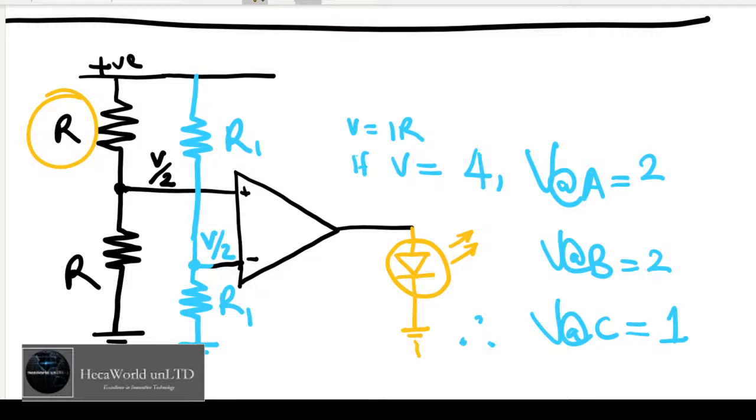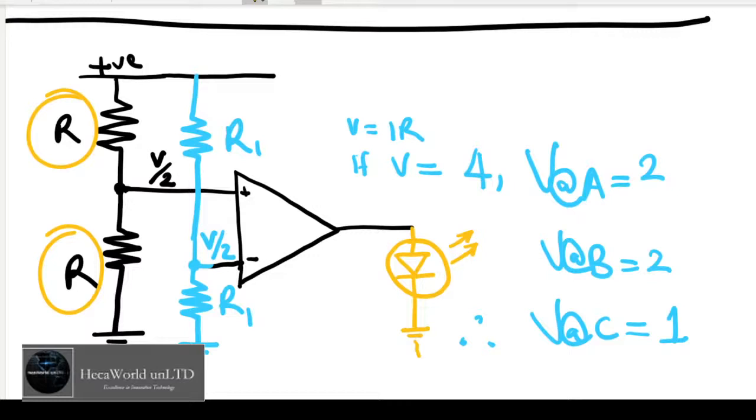We change this value or this value such that V at A is less than V at B, then the LED will go off.